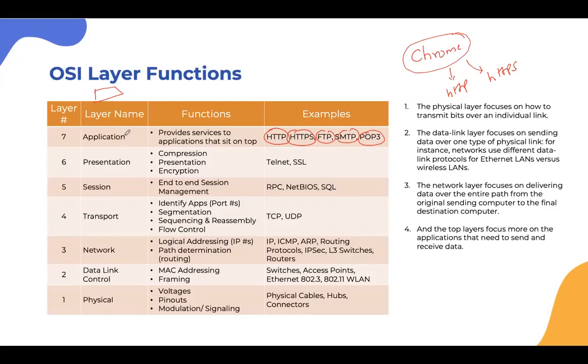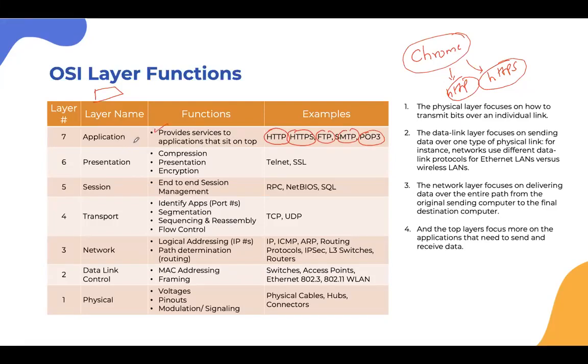It does not reside in the application layer. It sits on top of the application layer and asks for whatever it wants. And the application layer will then take this protocol, which is a piece of software, a routine or a function, and that is given to the Chrome browser, which then uses it. So the application layer provides services to applications that sit on top of the application layer.